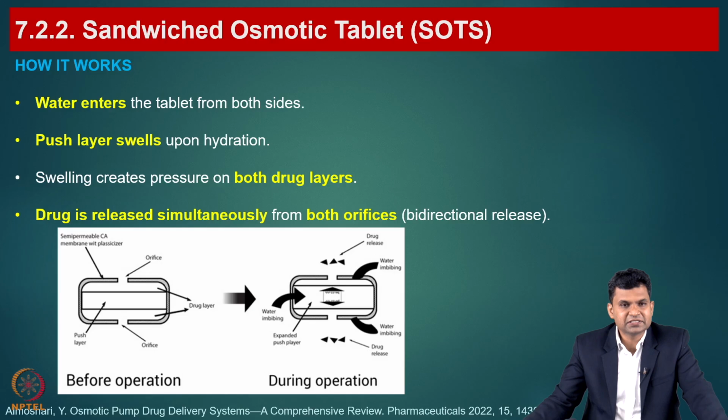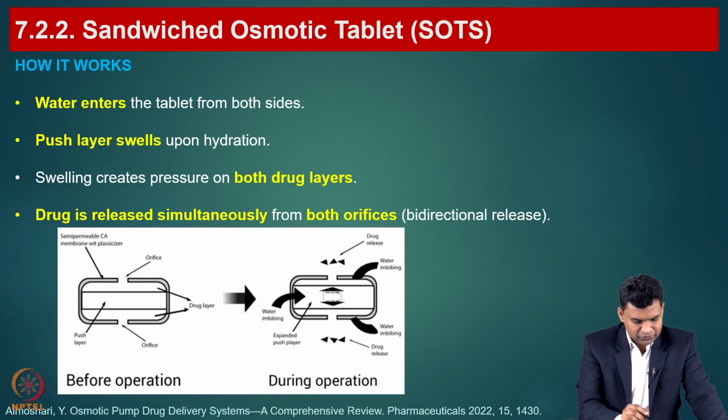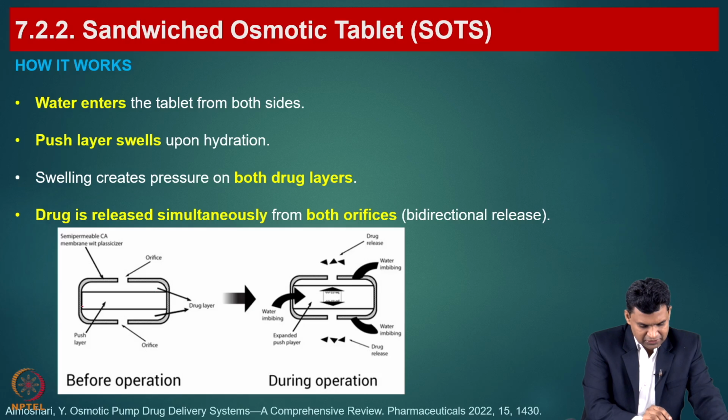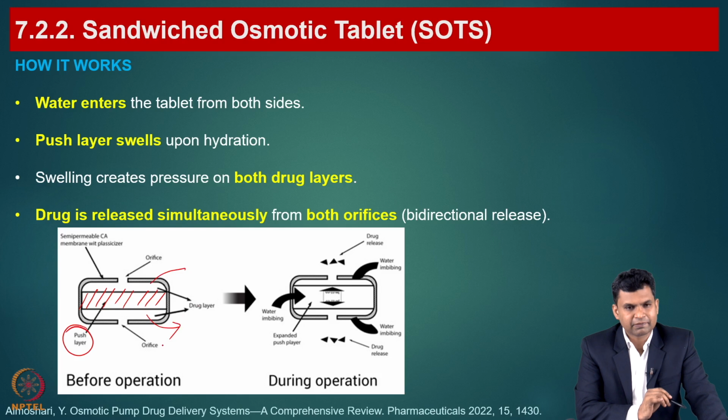The second one is the multi-chamber osmotic pump, the sandwich osmotic tablets. Now, here you will see the layers, right. This is the drug layer, and in the middle we will see the push layer, and the outside is the drug layer.